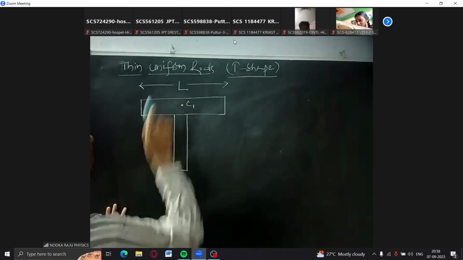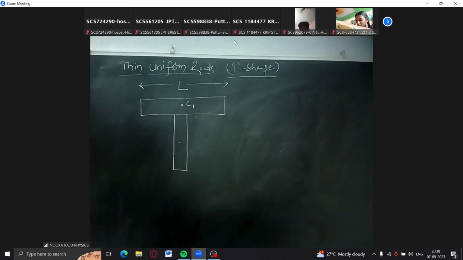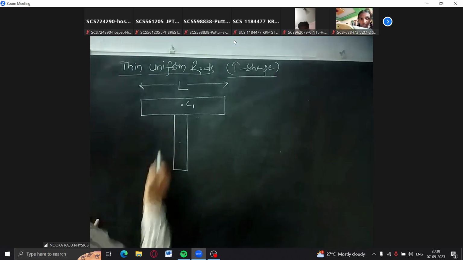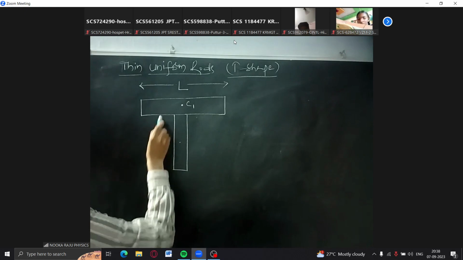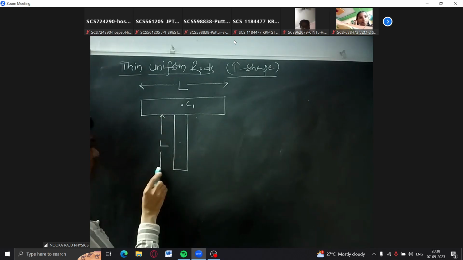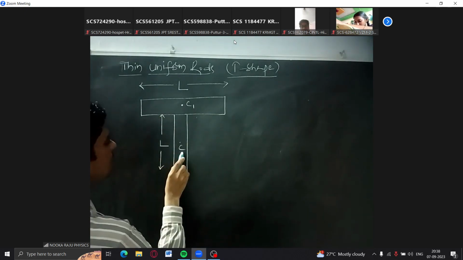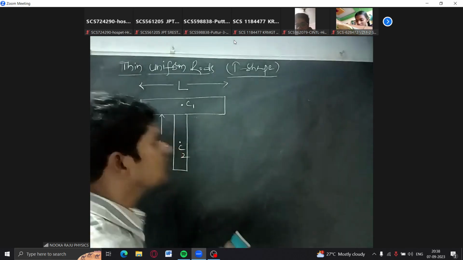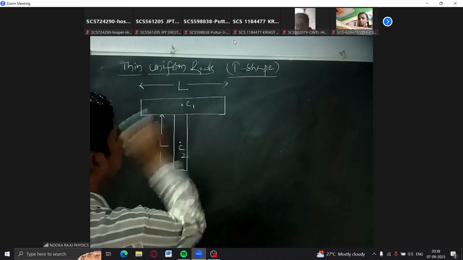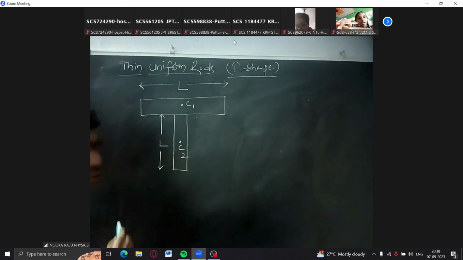This other rod also has length L, so its center can be considered as C2. So for this rod this is C1, and for this rod this is C2.